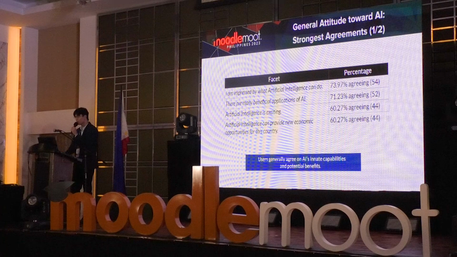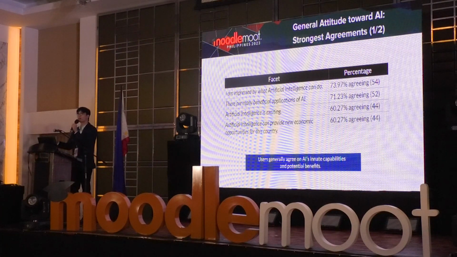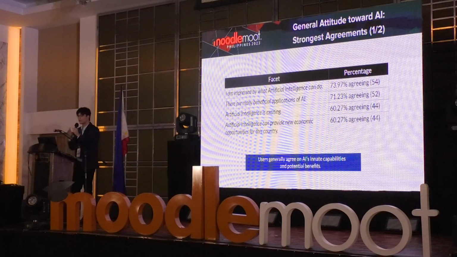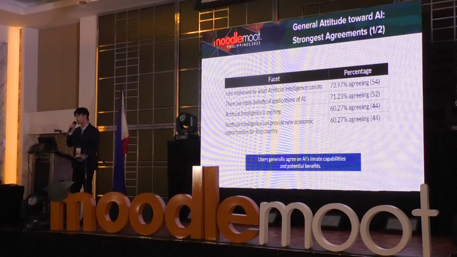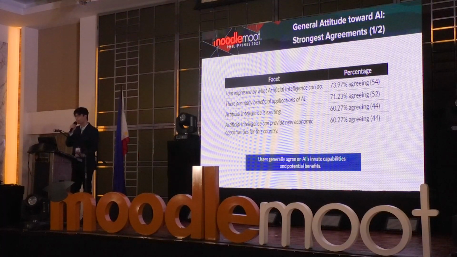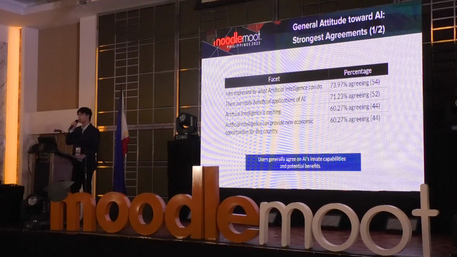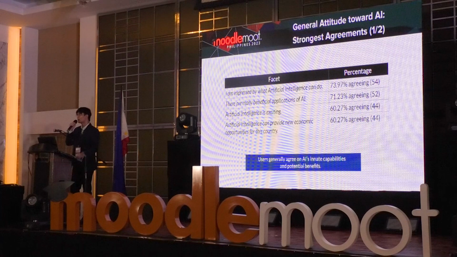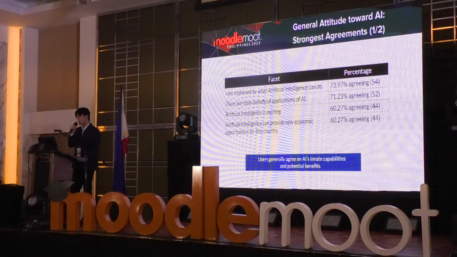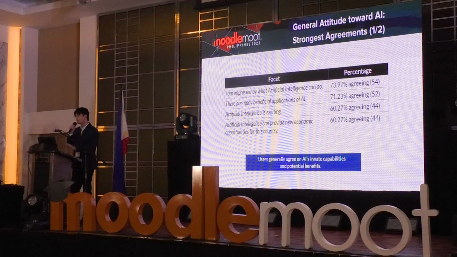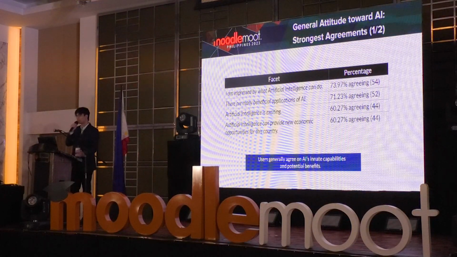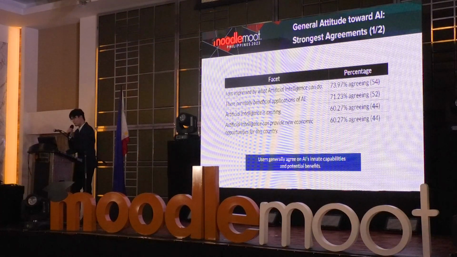The strongest agreements would be, okay, I'm impressed by what AI can do, about 74% of the participants, and many beneficial applications of AI, about 72% agreeing. AI is exciting, about 60%, and AI can provide economic opportunities for our country. And what we can deduce here is that users generally agree on AI's benefits and innate capabilities.